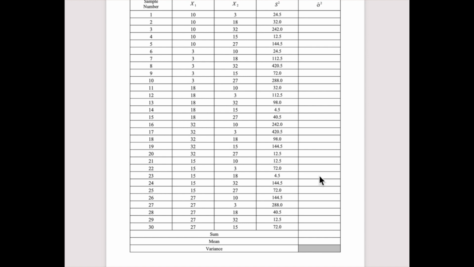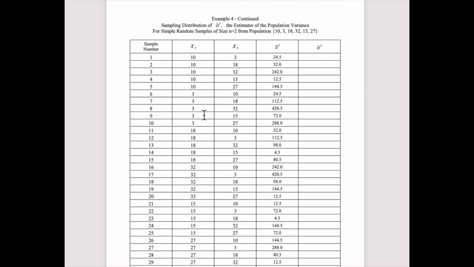Once you have that, calculate the column total, the sum, and then divide that sum by 30 to get the mean of the sampling distribution for sigma hat squared. Now, let's adjust all of these sample variances by multiplying by n-1 over n, and these are the values we get. You can see that these values are a little bit less than the sample variances in the column over.